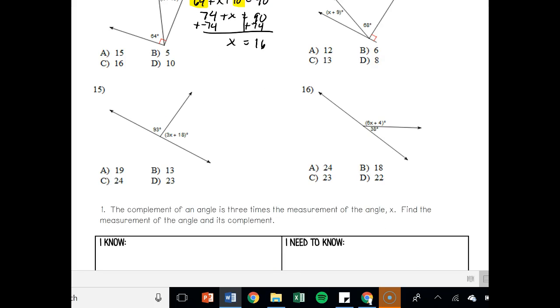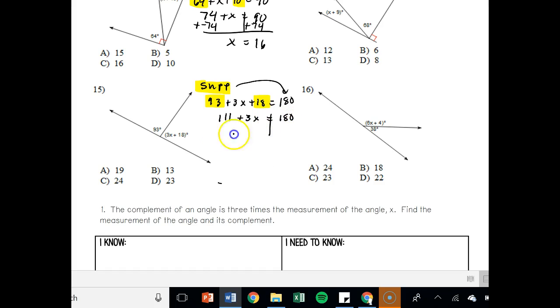For a problem like 15, you've got a supplementary relationship. So I'll highlight that it was supplementary. That means it would be something like 93 plus 3x plus 18 is equal to not 90 but 180. Why 180? Because it was a supplementary relationship. So highlight your like terms, 93 and 18. When you add those up, you'll get something like 111 plus 3x equals 180.